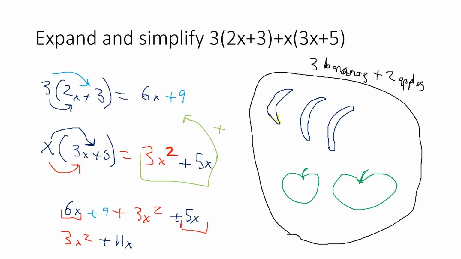So we only need to add these ones because both of these have just x's. Everything else has either x squareds or nothing. And then we add 9 onto the end because 9 is the only non-x term that we have. Feel free to give this another go in your own time, or rewind the video if this didn't make sense the first time.